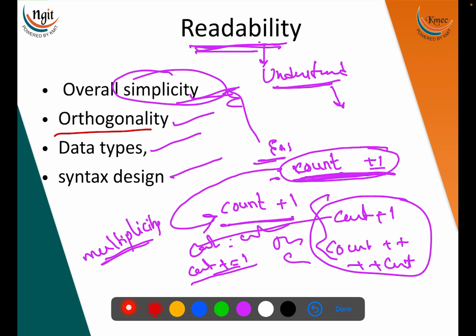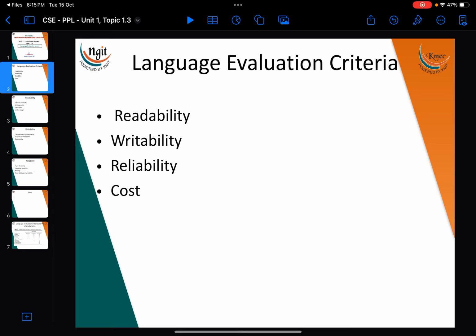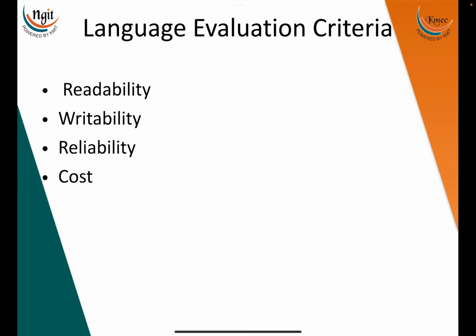a relatively small number of ways to build the control and data structures of the language. We'll see an example for the same. If I want to write some instructions, I'll take a fresh page. Now we'll see about orthogonality.